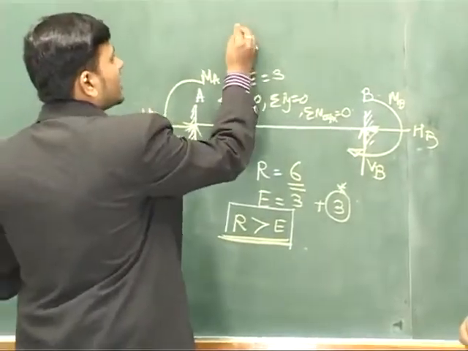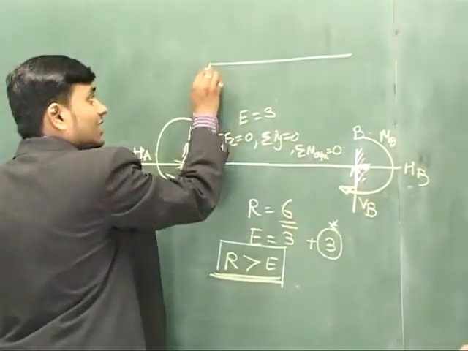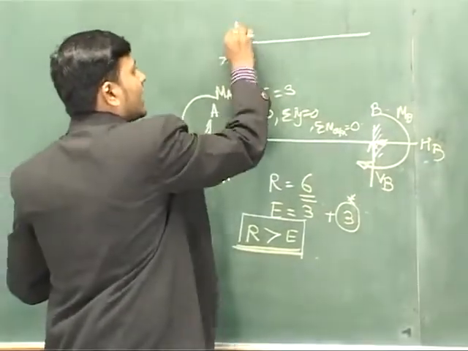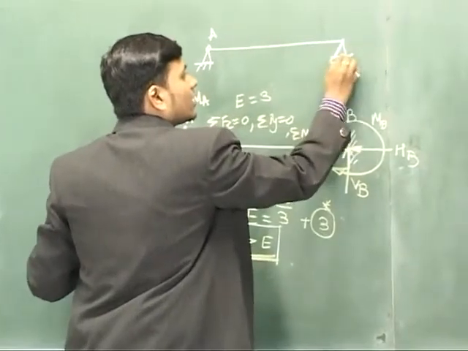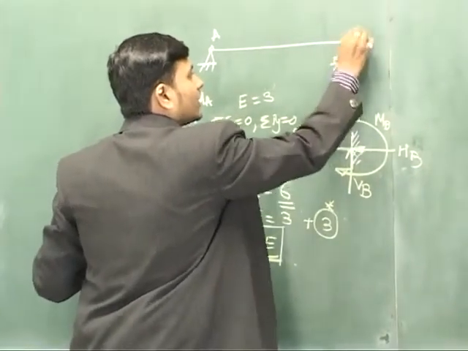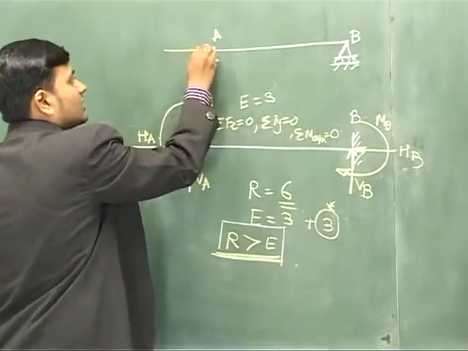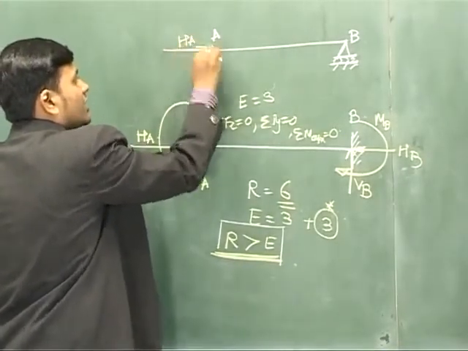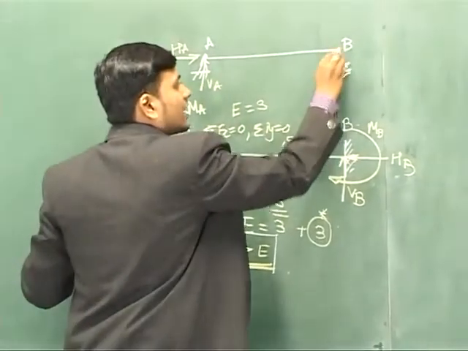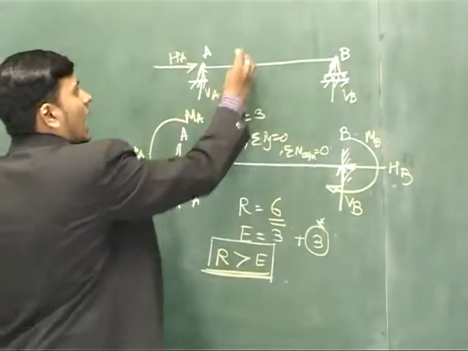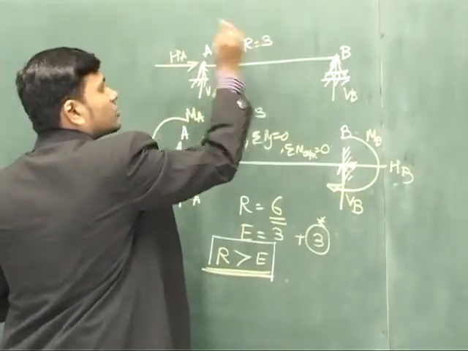But if such a condition is there, for example, the last example we solved, which has a hinge support at A and a roller at B, then we calculated 2 reactions at A, HA and VA, and 1 reaction at B. Reactions are nothing but constraints, so R is equal to 3.